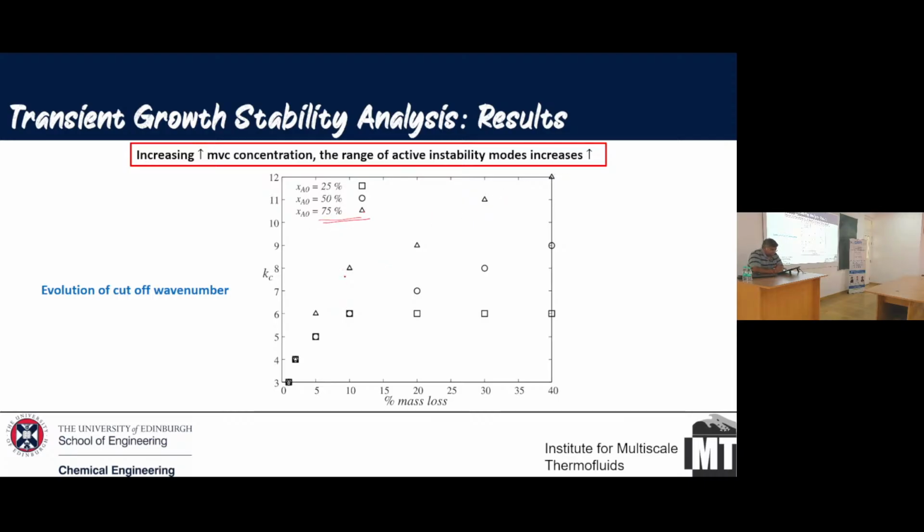That means you've got more and more active modes when you have a high concentration of ethanol. That reduces if you decrease the ethanol concentration. This is a very important statement because it can help you design your systems accordingly.